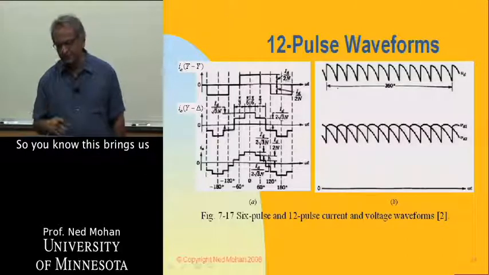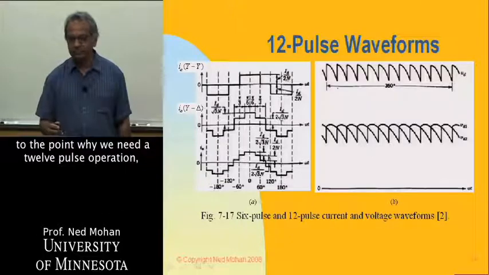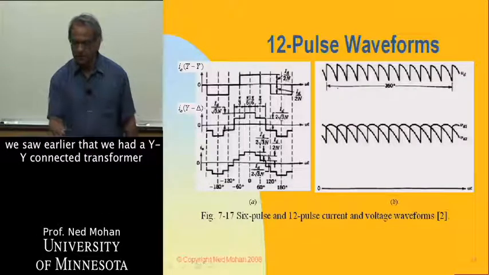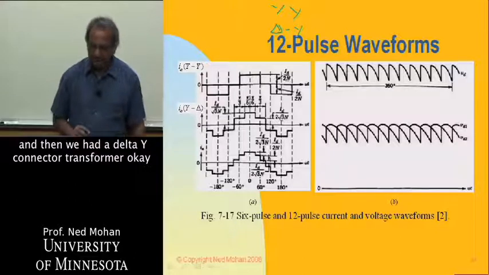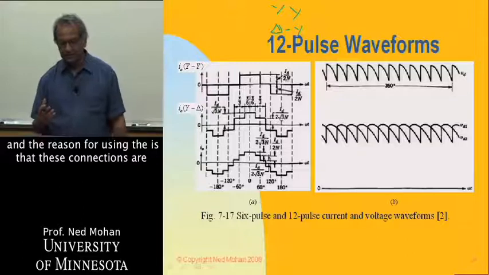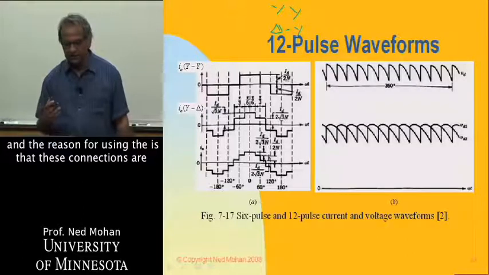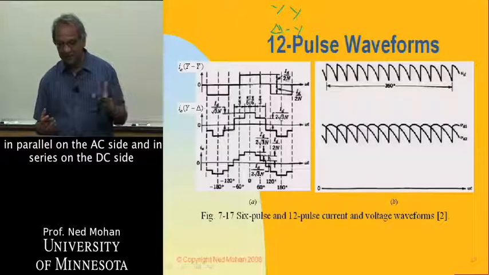So this brings us to the point why we need a 12-pulse operation. We saw earlier that we had a YY connected transformer, and then we had a delta Y connected transformer. Okay, and the reason for using that is that these connections are in parallel on the AC side and in series on the DC side.